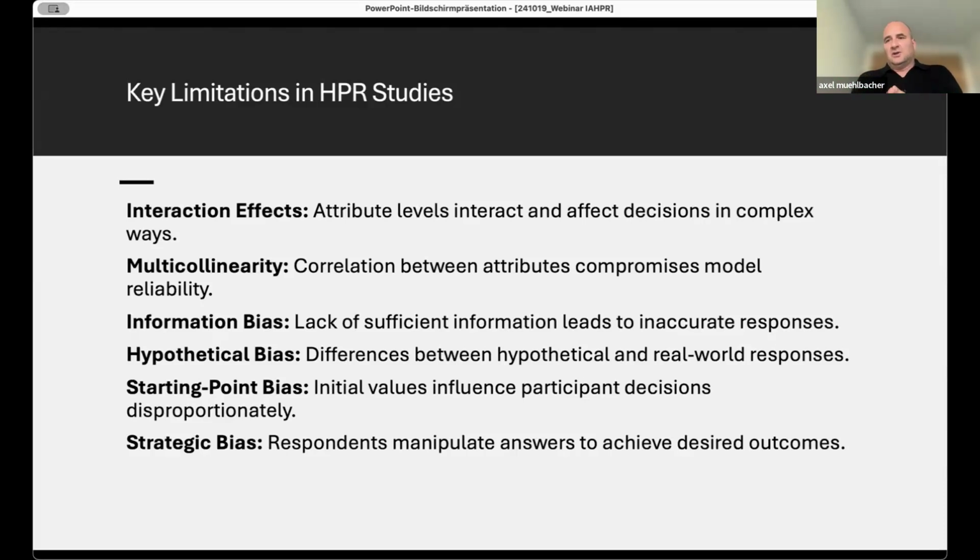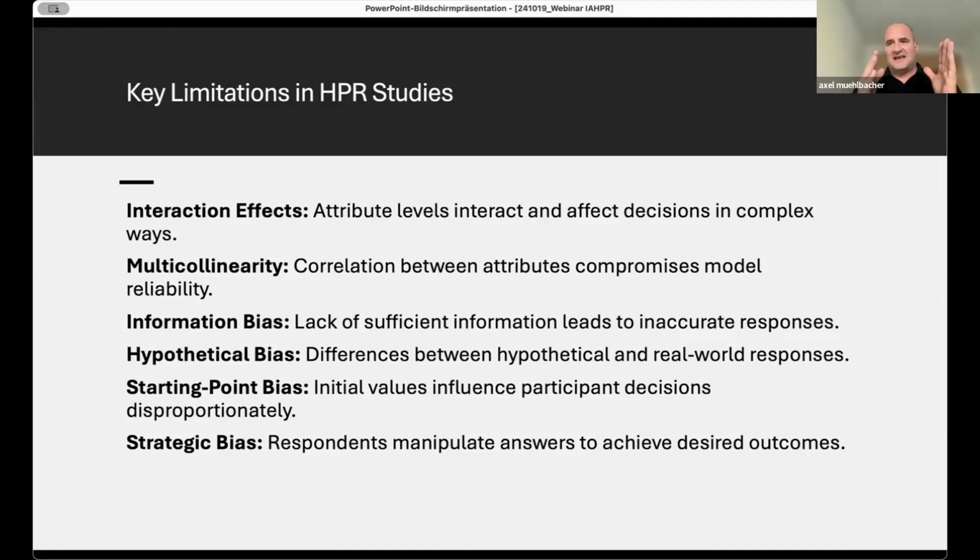So looking at interaction effects that can be discovered or analyzed within the statistical part of a study. It can be discussed in the qualitative part of the study, and it even can be introduced within the experimental design.